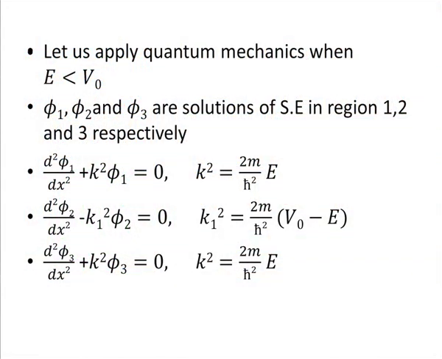So, we write the equations for phi 1, phi 2 and phi 3, and what you see are these three equations, and here we have defined two variables, k square and k1 square. k square is 2m by h bar square multiplied by E and k1 square is 2m by h bar square multiplied by V0 minus E, and as I have told you V0 is more than E. So, both k square and k1 square are positive.